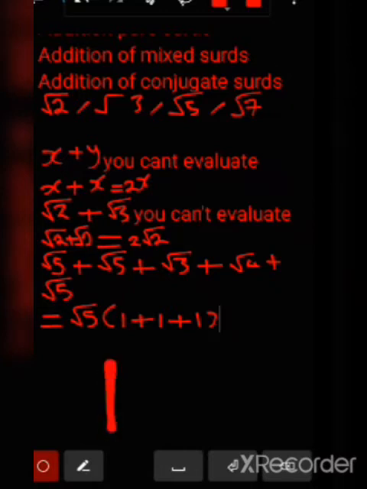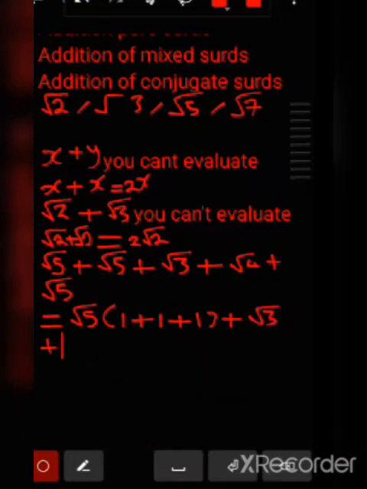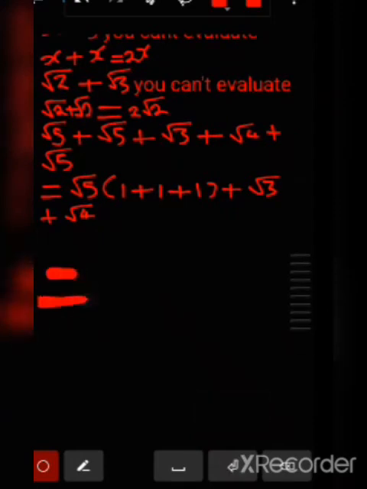Then I'll remain with this plus root 3 plus root 4. So when I do that, I'll definitely have the root of 5 in the brackets.